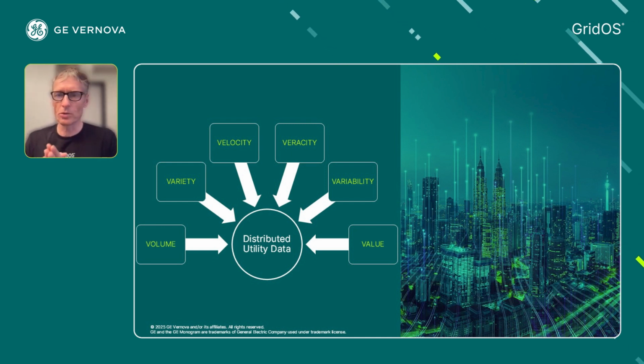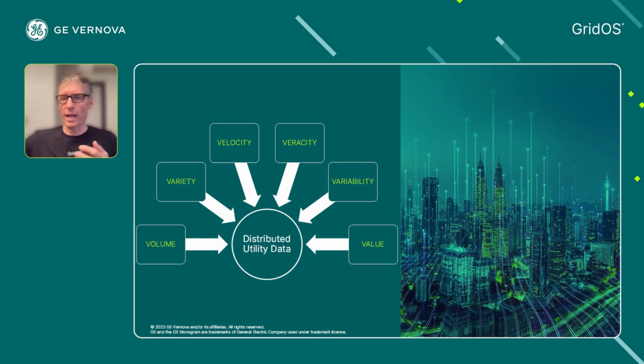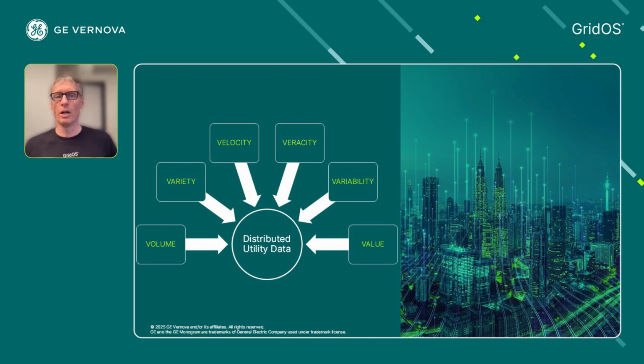But what is also important, and that leads in the end to the good data discussion, is that with all the data types and all the use cases, and how we want to orchestrate the grid in the future, we are moving into the 6 V's.